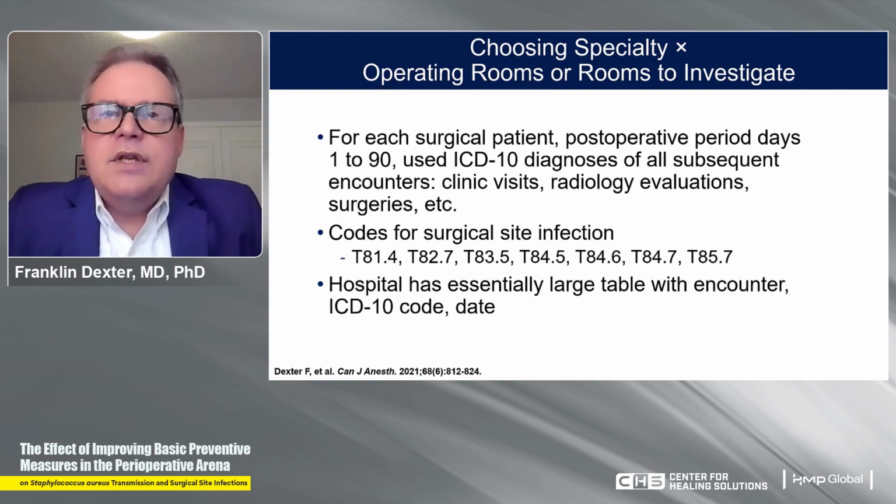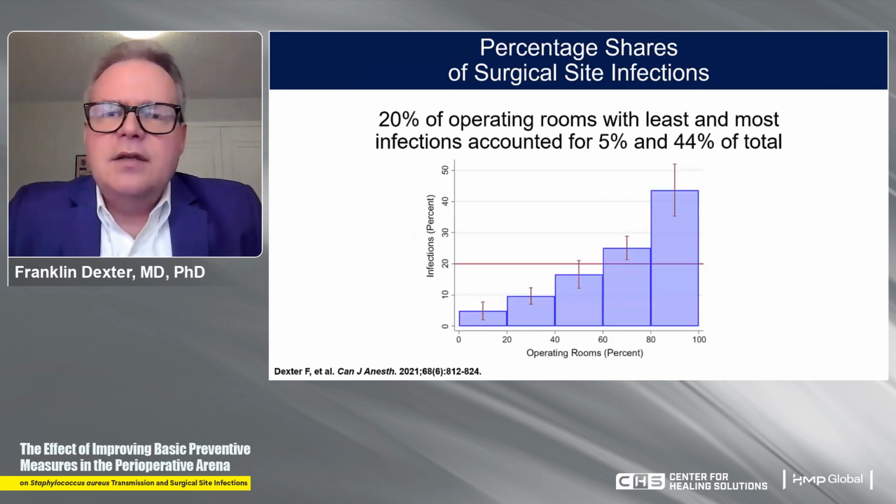Many hospitals use the International Classification of Diseases, 10th revision, and they're electronic tables. Usually they're joined, that would be the terminology, so that you can figure out which patients had a surgical site infection postoperatively. So for every encounter, you look at the diagnosis code and ask, is that diagnosis code one that's related to surgical site infection?